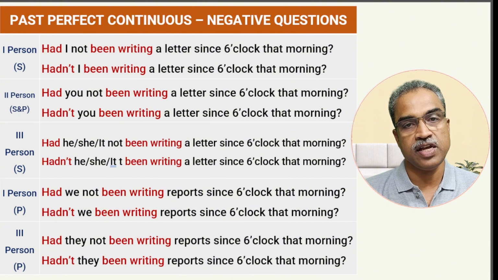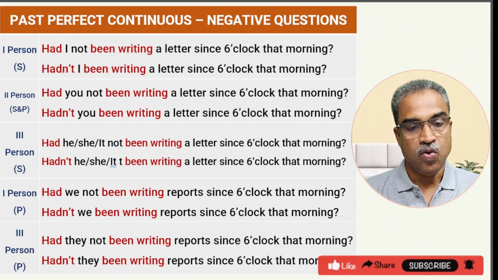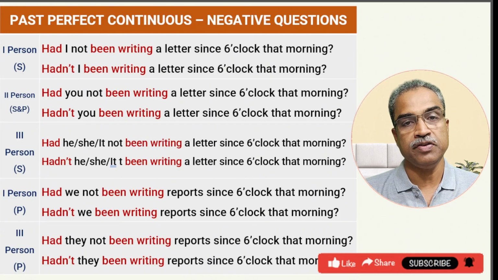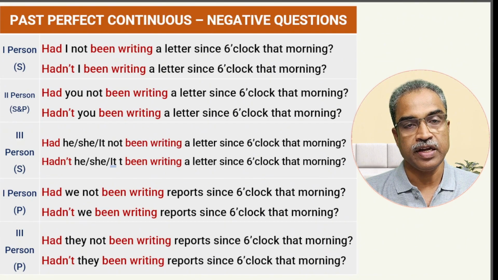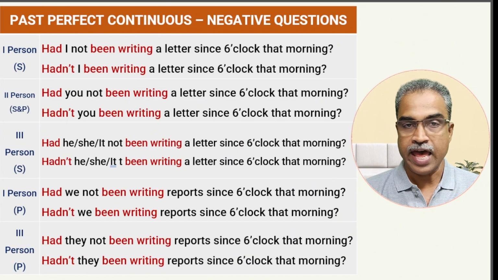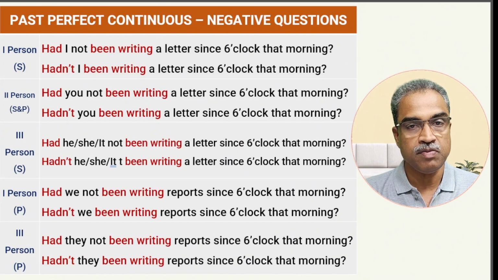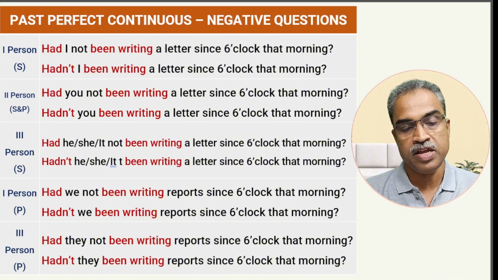In conversational style, we normally use the contracted form. That sounds better, easy. And then the first person plural. We had not been writing reports. Had we not been writing reports? Hadn't we been writing reports? Okay, all right.